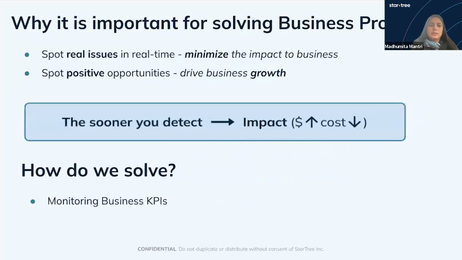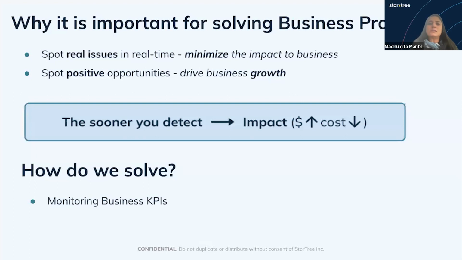So without further ado, I'll get started with an intro on why it is important for solving business problems. The simple answer is, when we are trying to solve business problems, it is about identifying the real issues that are impacting the business, causing a massive impact in terms of revenue, cost, effort, and multiple other things, or it could be brand name effect. And spotting is not always about finding the negative consequences.